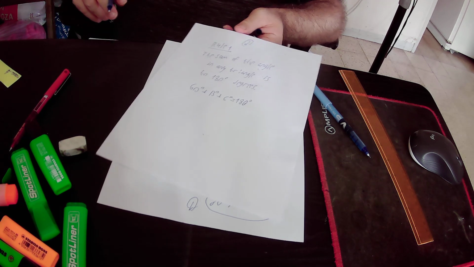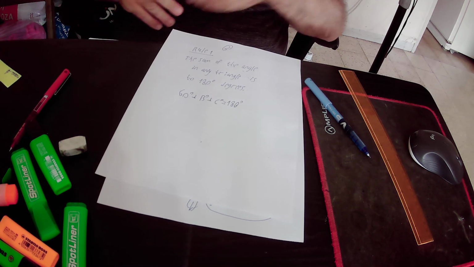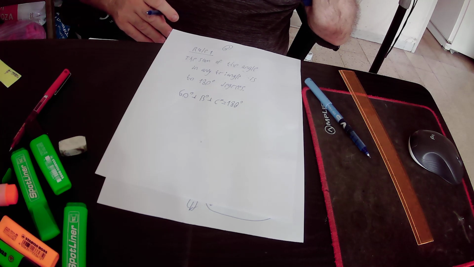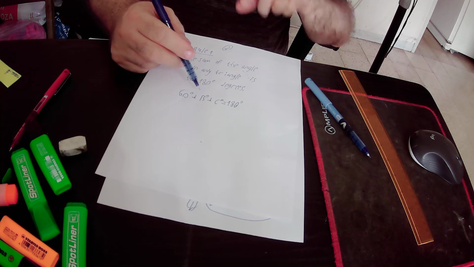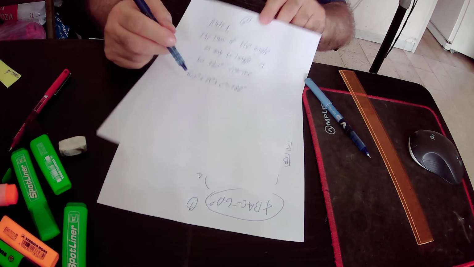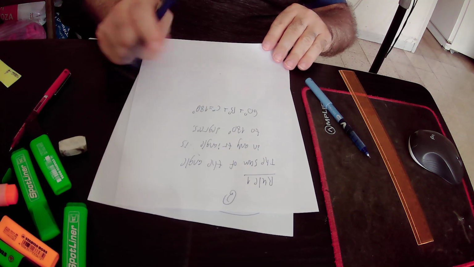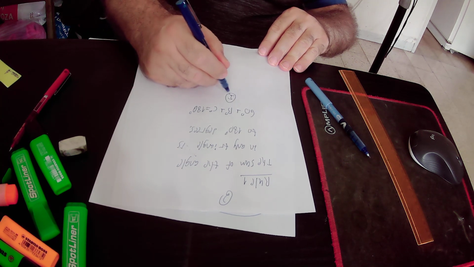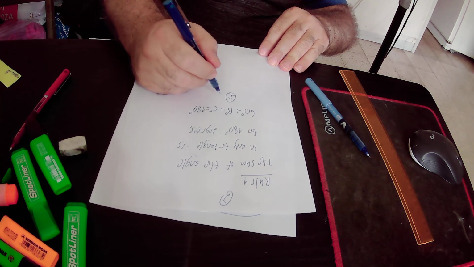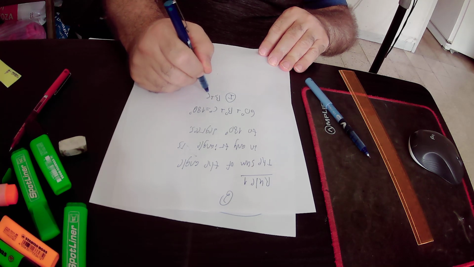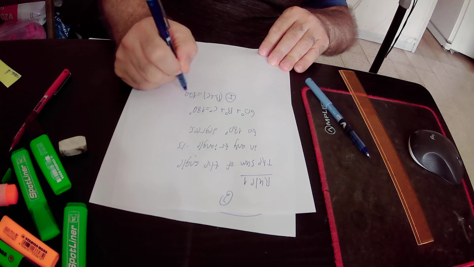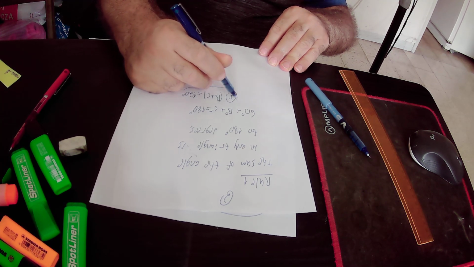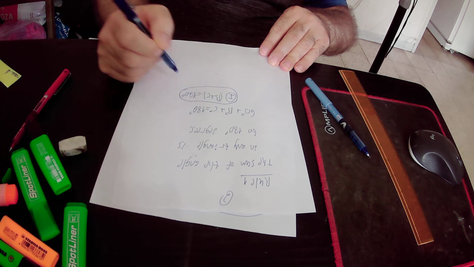Here we will subtract 60 degrees from this equality. It will be equation number 1: B plus C equals 120 degrees.